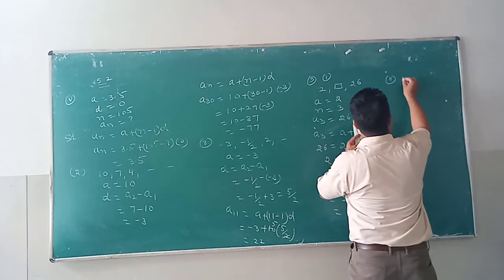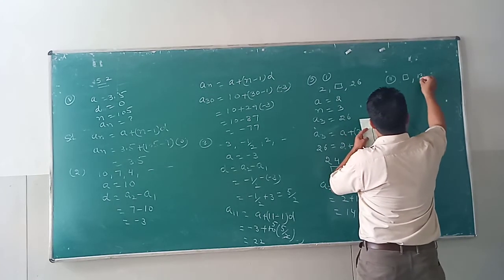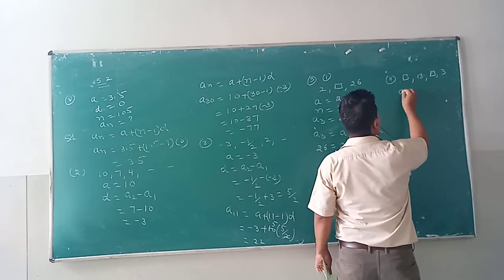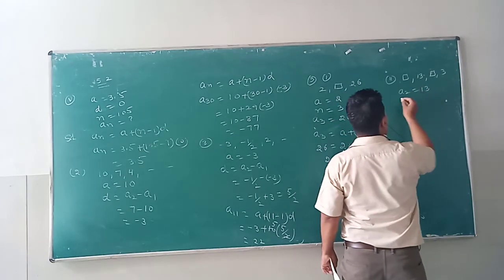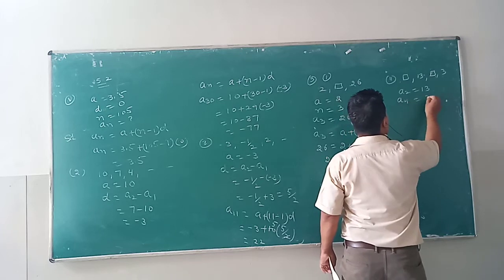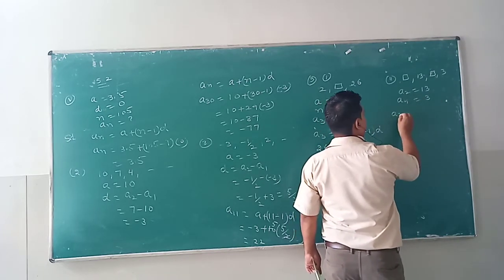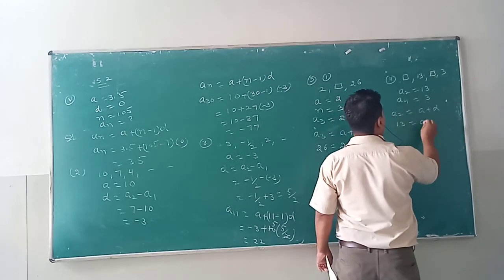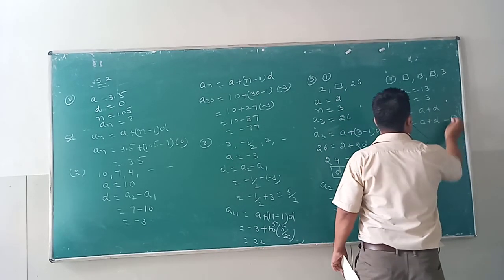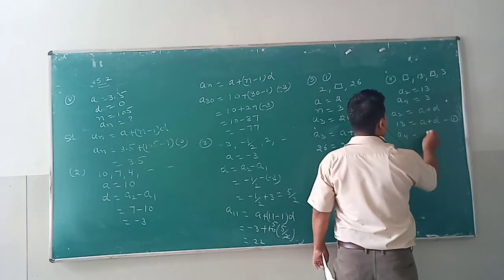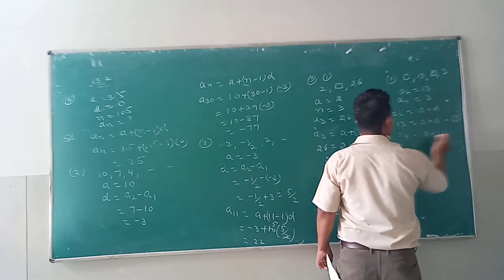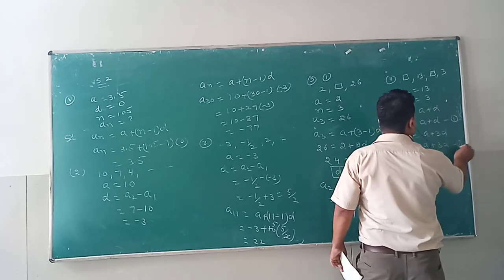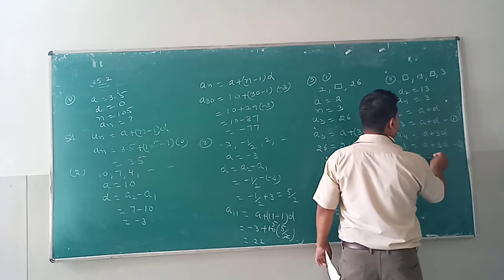In the second part, the missing terms are between 13 and 3. In this AP, we have a2 is equal to 13 and a4 is equal to 3. As we know, a2 is a plus d, so this is equal to 13, and a4 is a plus 3d, which is equal to 3. Subtract the second minus first.